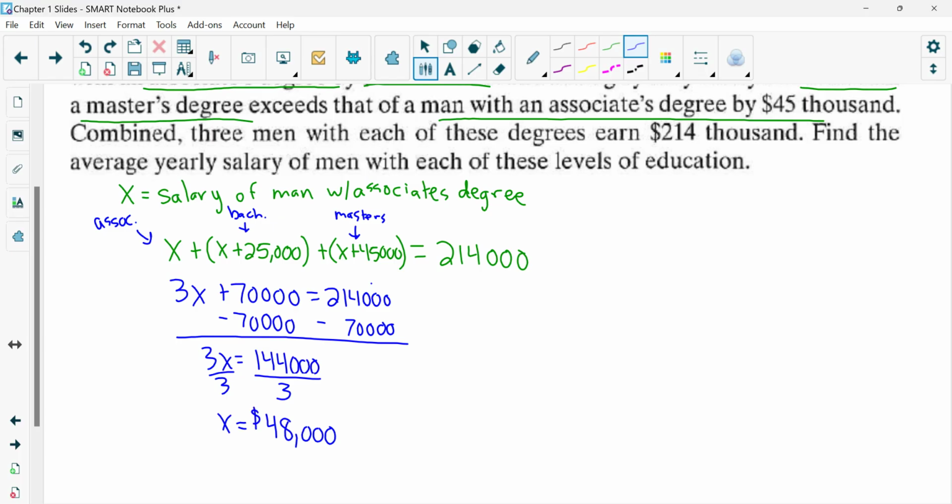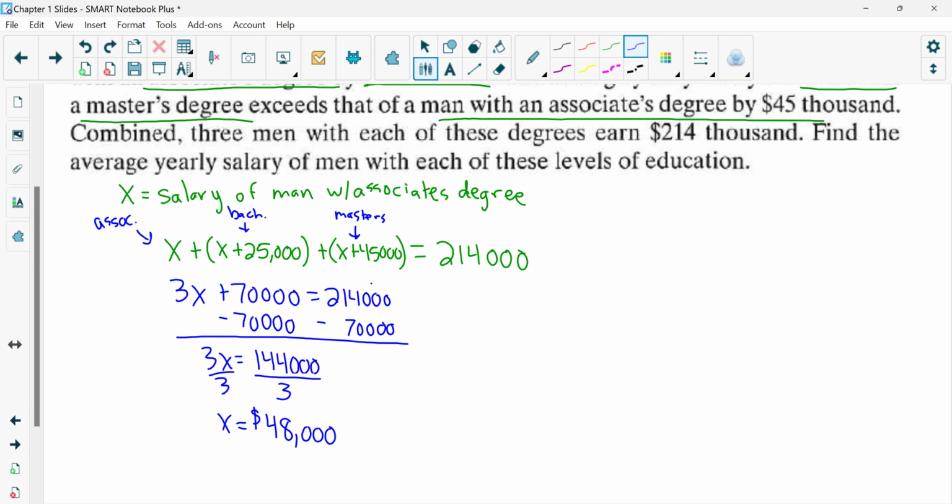Now, we are not done. Again, that's just giving us x, and x is the salary of the man with the associate's degree. We have to then answer the question. We have to figure out what each salary is. And again, according to that rubric, we have to make a short sentence.